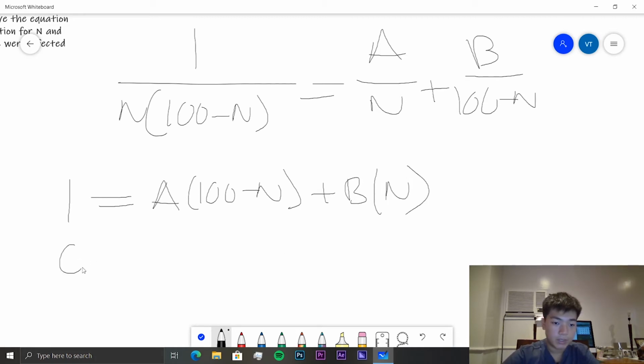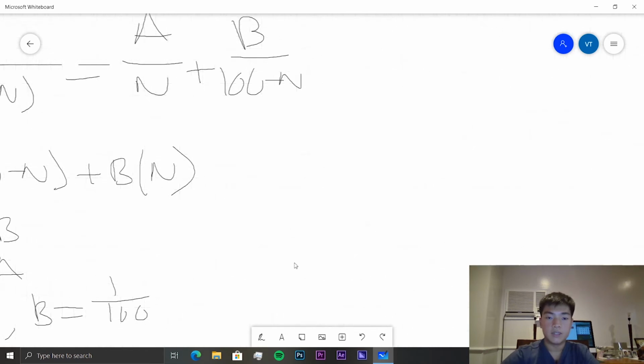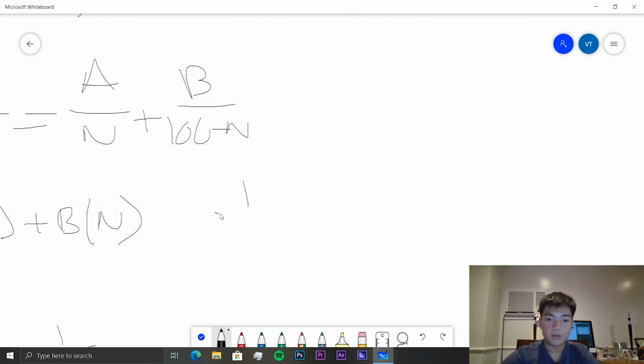So 0 is equal to negative a plus b, and 1 is equal to 100a. So a is equal to 1 over 100. And b is also equal to 1 over 100.